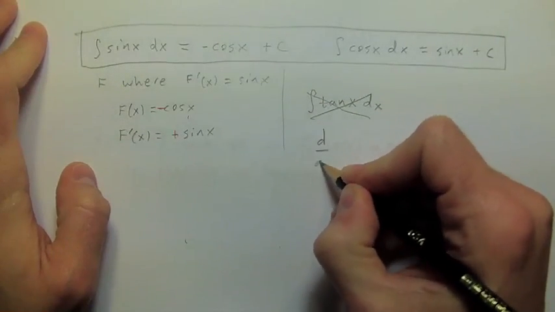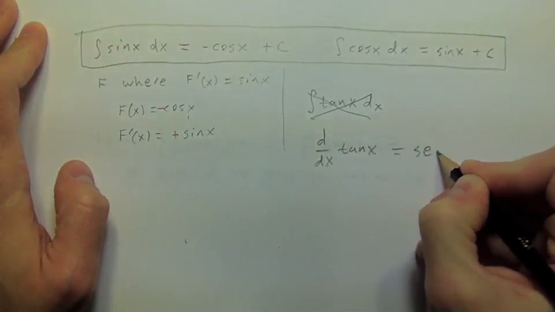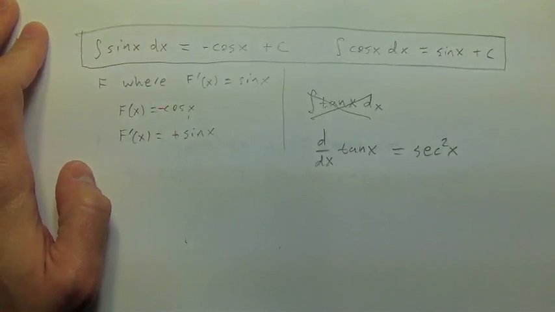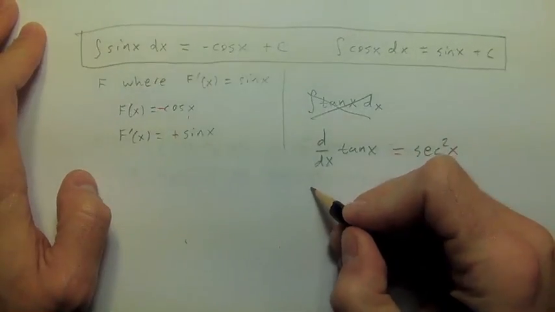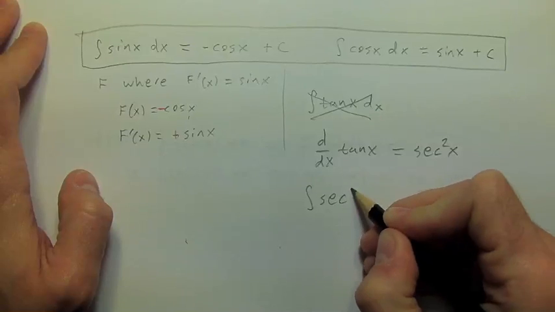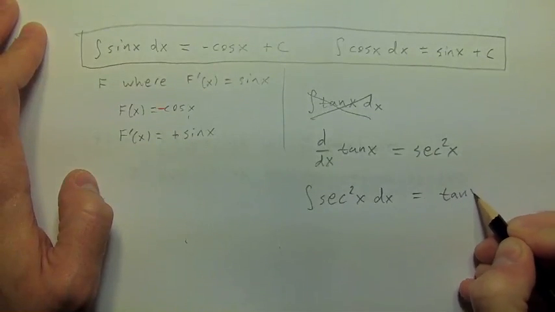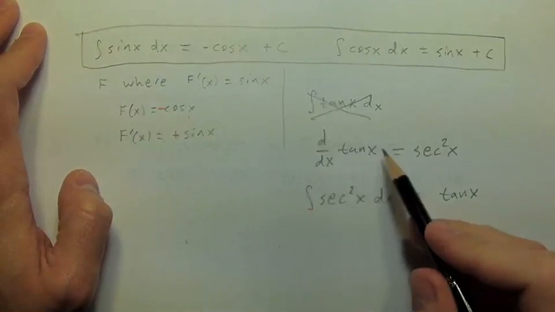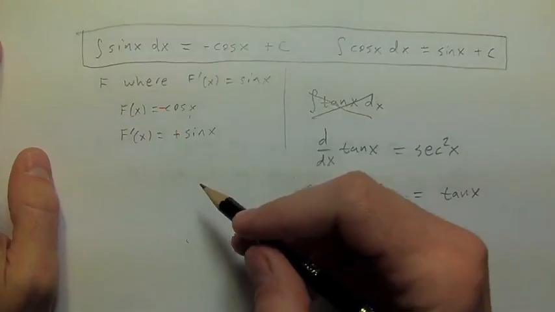The derivative of tangent is secant squared of x, so the integral rule comes from the integral of secant squared dx is going to equal tangent x. It's backwards of what we have. And we can take that a step further as well.